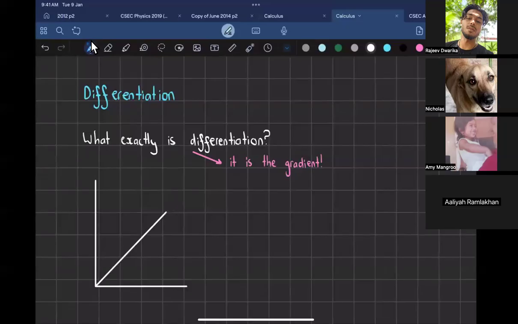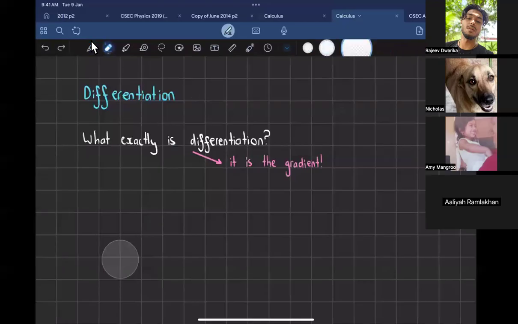So I'm going to show you some instances, right? An example of differentiation: dy over dx.